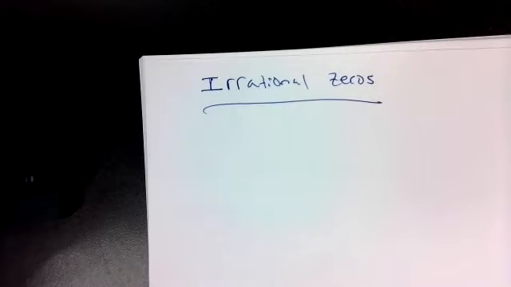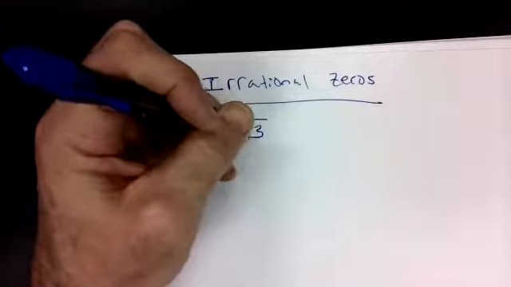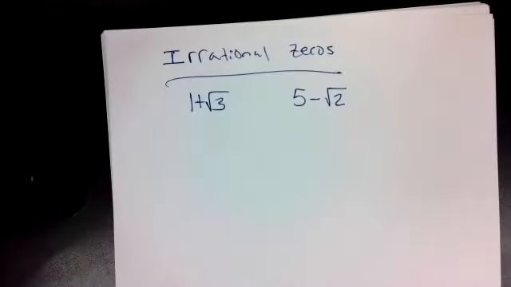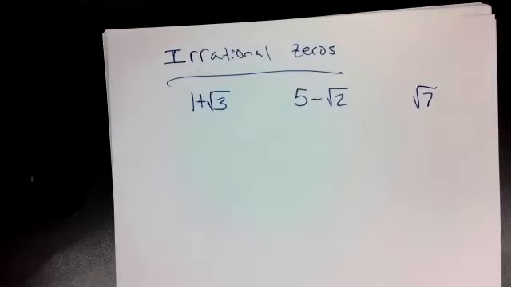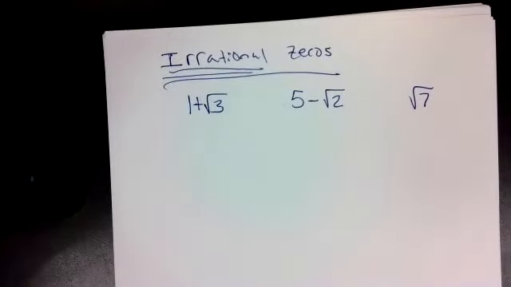An irrational number is just a decimal that doesn't stop or repeat. So that would be an example of something like 1 plus square root of 3, or 5 minus square root of 2, or just like the square root of 7. So that would be an example of an irrational zero.